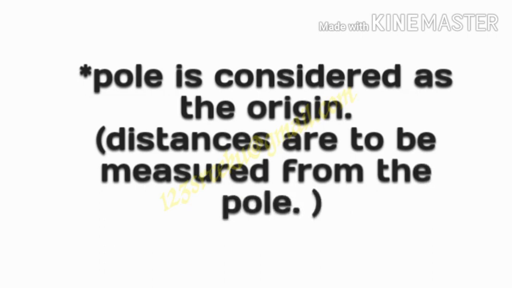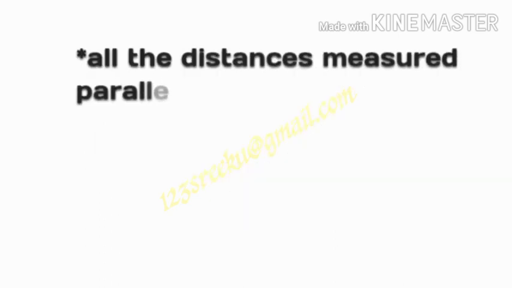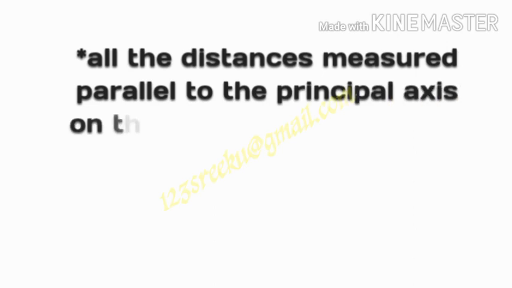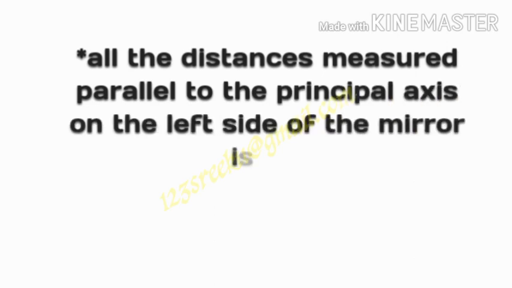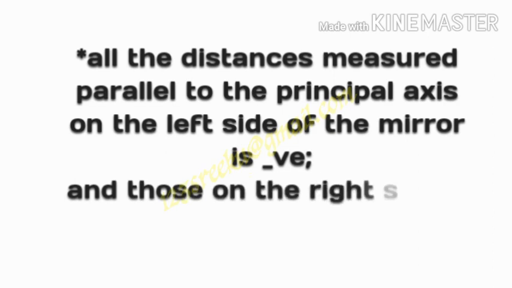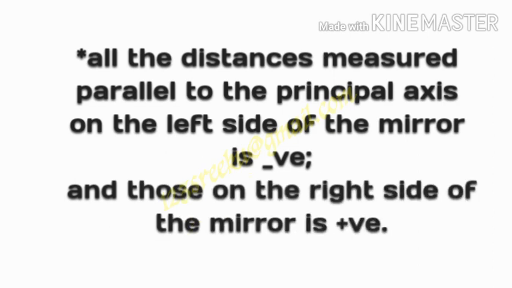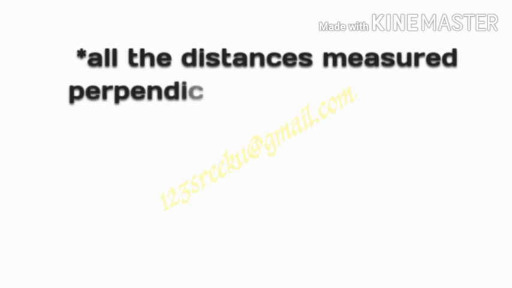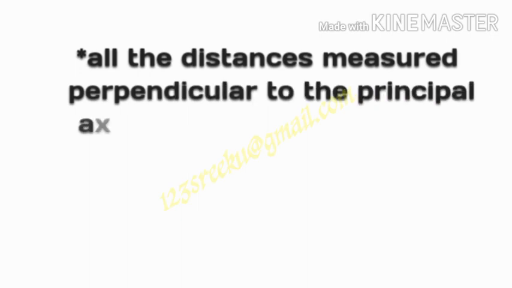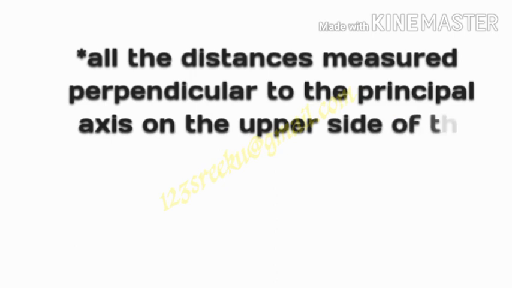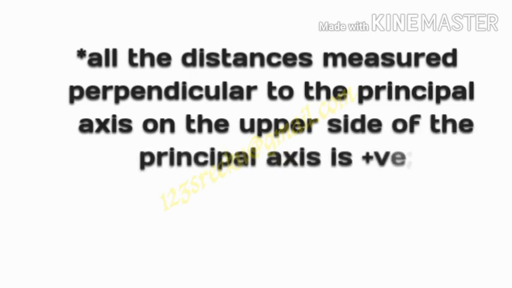And the third point: all the distances measured parallel to the principal axis on the left side of the mirror are negative, and those on the right side of the mirror are positive. And the fourth point: all the distances measured perpendicular to the principal axis on its upper side are positive, and those on the lower side of the principal axis are negative.